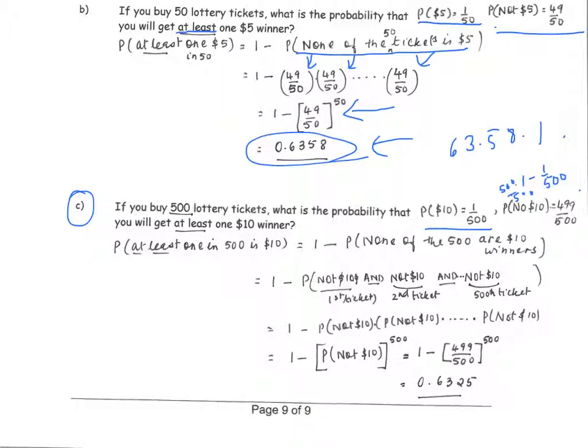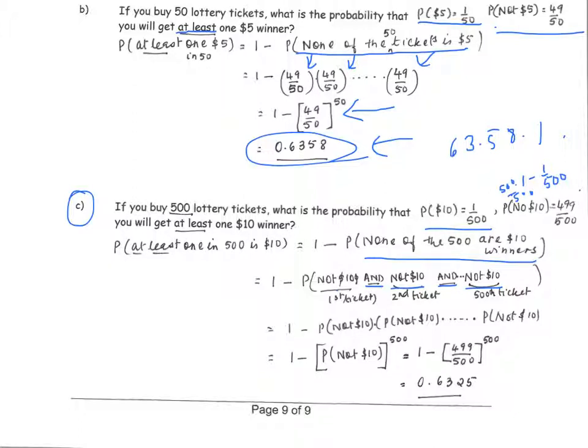So what is the probability of winning $10 in at least one of the 500 tickets that you buy? So 1 minus the probability of the opposite event. That is the rule. What is the opposite event of at least one is a winner? None of them are $10 winners. The first one is not, and the second one is not, and the third one is not, and the last ticket is not a winner.